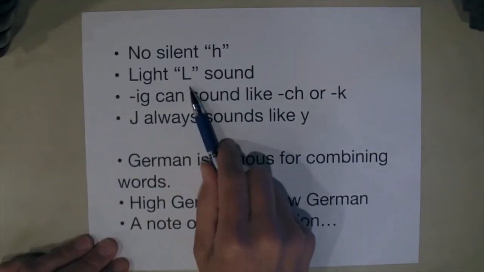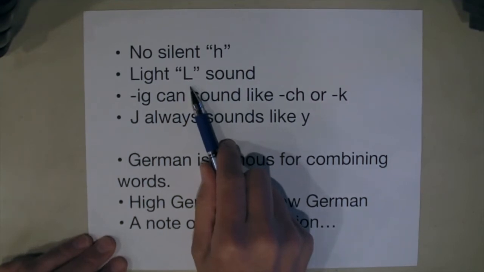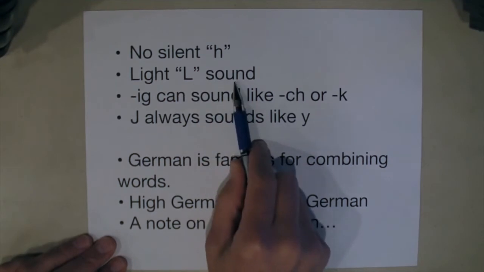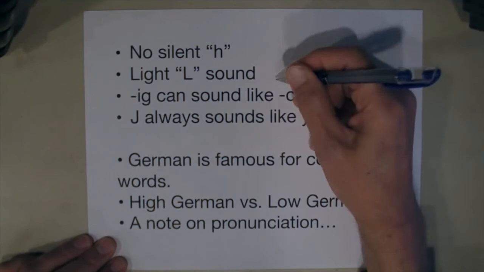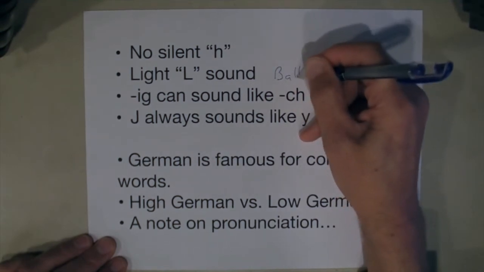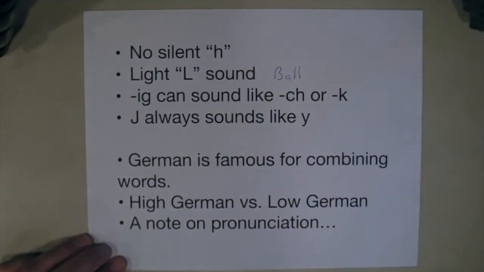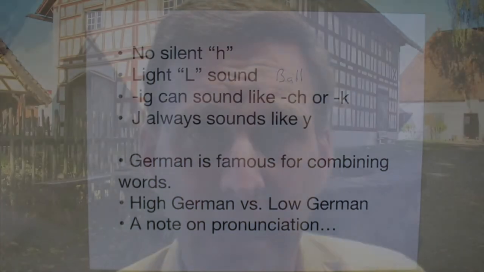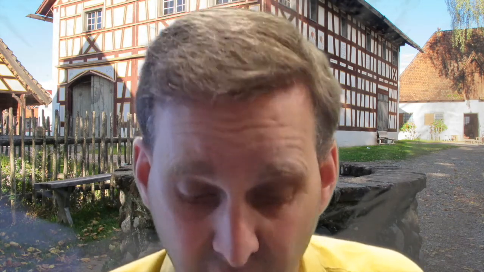Here's one that I make a mistake on as an American all the time. I want to put a heavier L sound in my word, but the L in German is a lot lighter. Let's take the word ball. You hear I just pronounced that. In English, I have a very heavy L, ball. It's down back in my throat. It's a deep and dark sound, and it's really not a very pleasant sound at all.